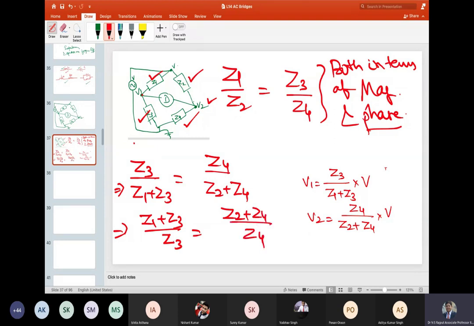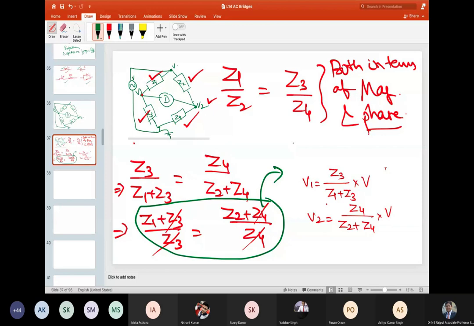So now when it goes inside, Z3 and Z3 cancel, Z4 and Z4 cancel, and therefore this part becomes 1 plus Z1 by Z3 is equal to 1 plus Z2 by Z4, and these 1 and 1 cancel out.